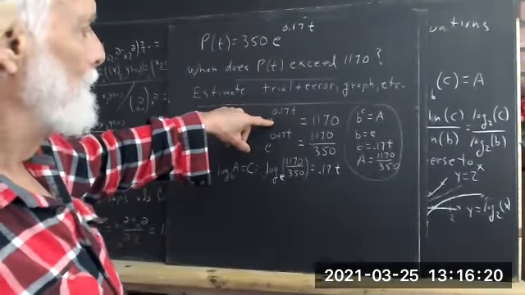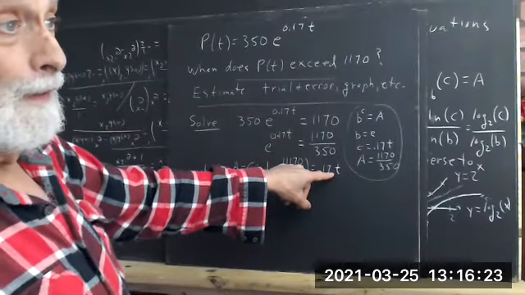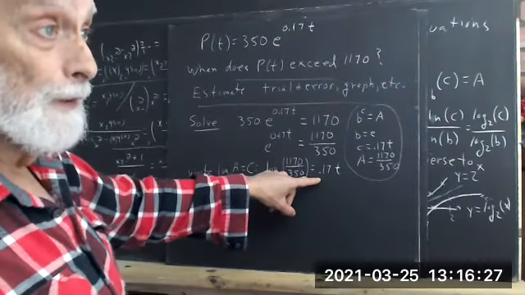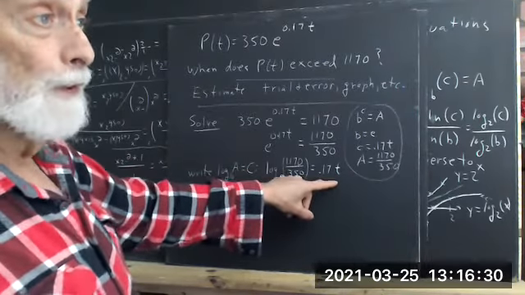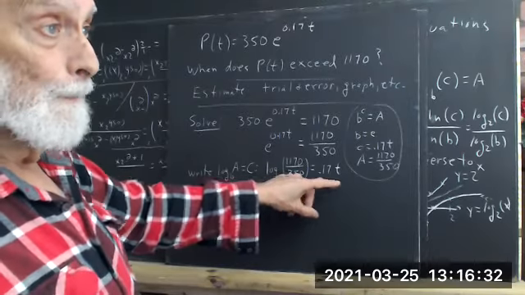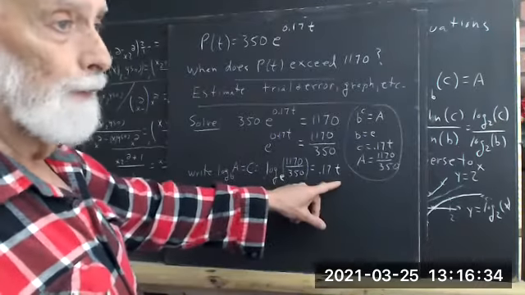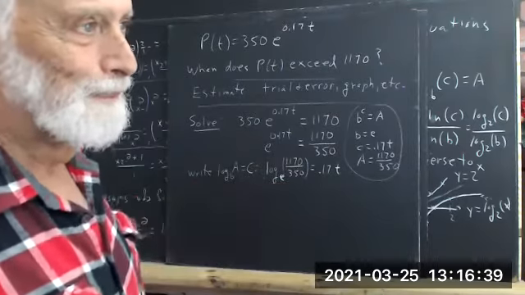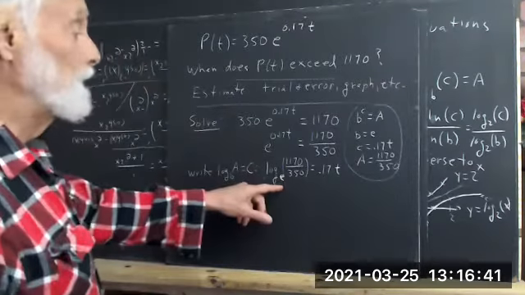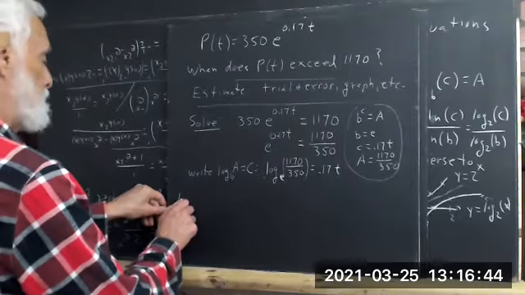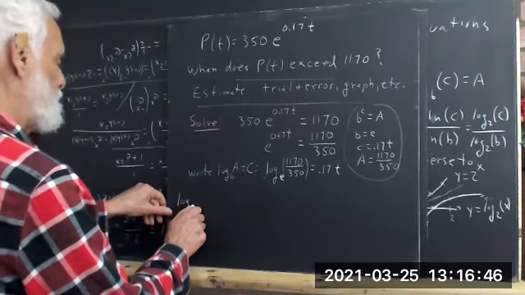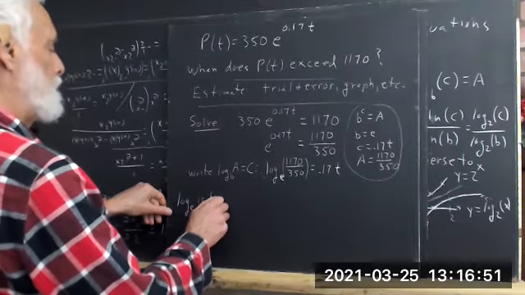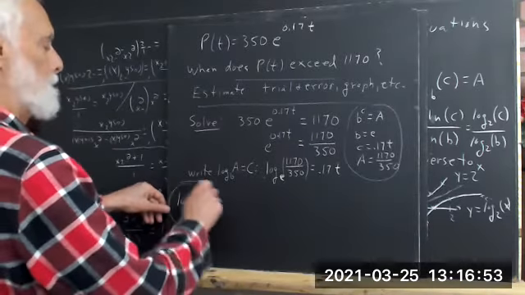We now have it down here where all we got to do to solve for t is divide both sides by 0.17. So we can easily find t. And the reason we can easily find t is you have the log key on your calculator. Now, log base e is what we mean by the natural log.